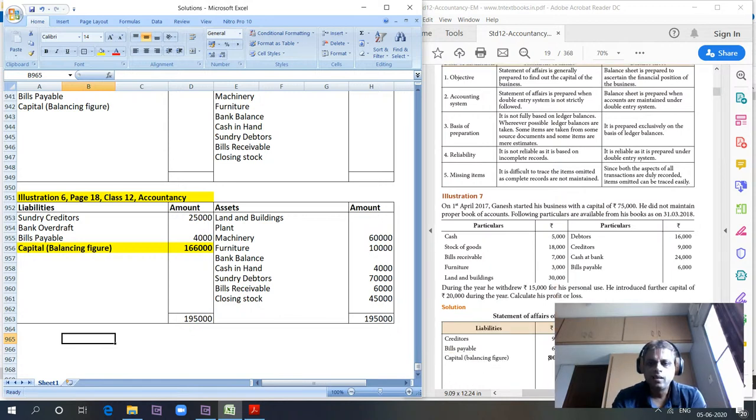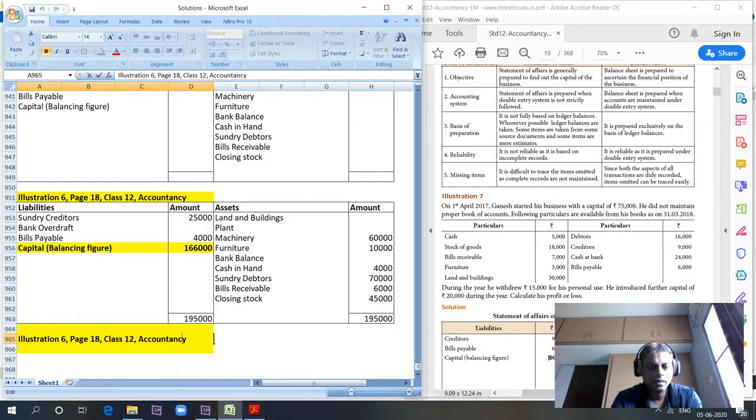Okay, let's get into the next illustration, illustration 7. I'm copying this for the reference of students and highlighting it. We are in illustration 7, and I'm on page number 19.